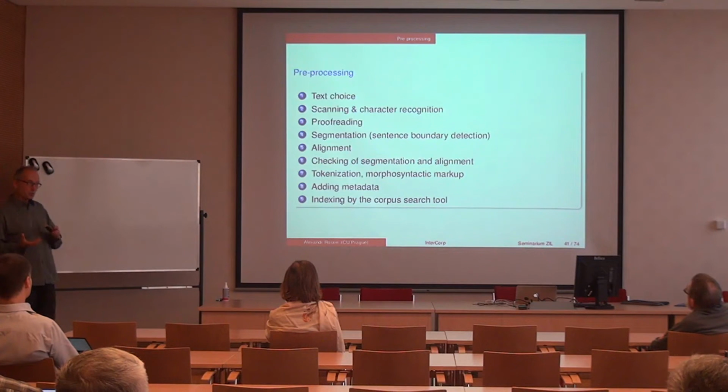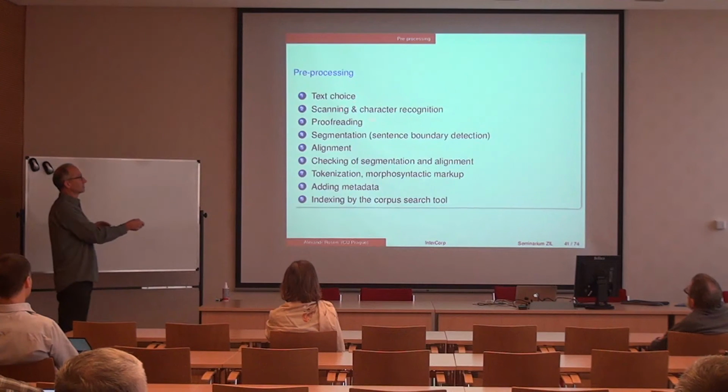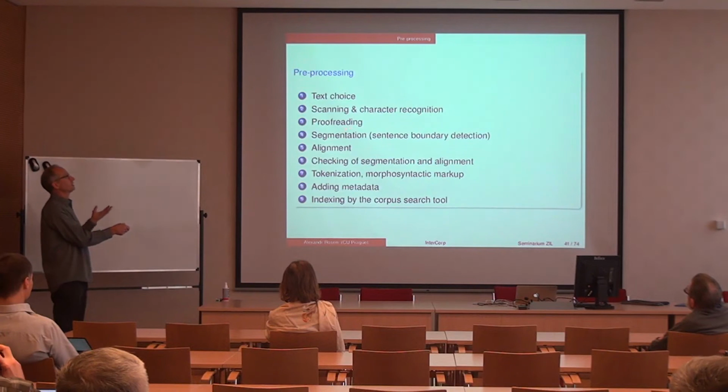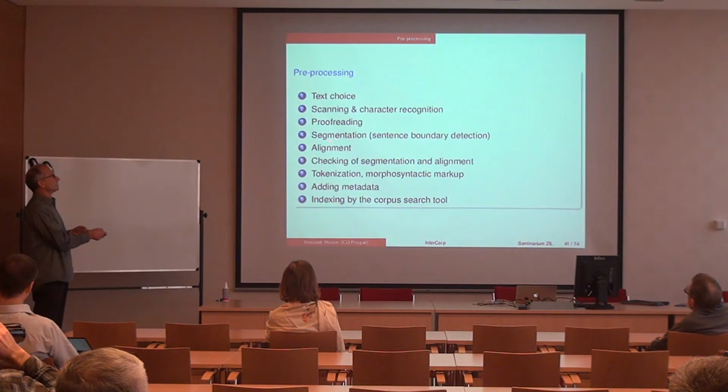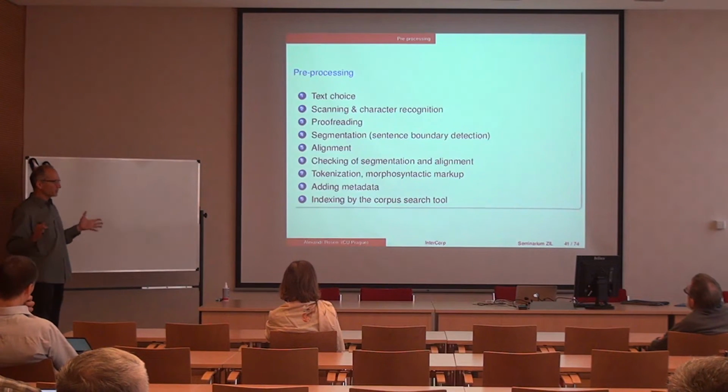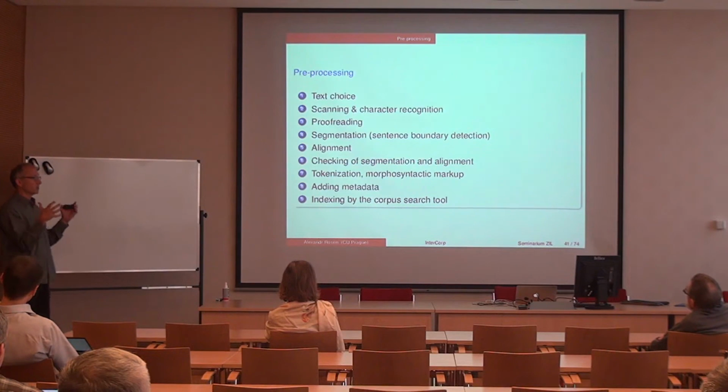Now there are e-books, of course, so that doesn't count. Proofreading, yes, for scanning. Segmentation, sentence boundary detection, comes next. Not tokenization yet. Then we do alignment, which is done automatically, and it's checked subsequently within a tool that we have.